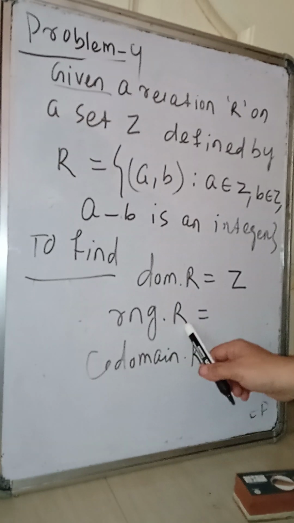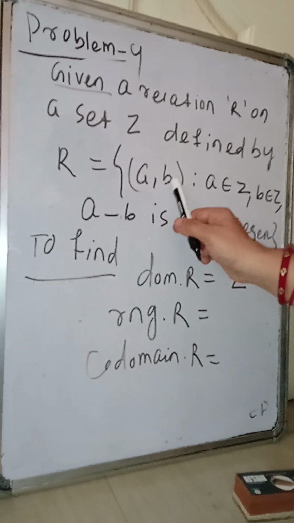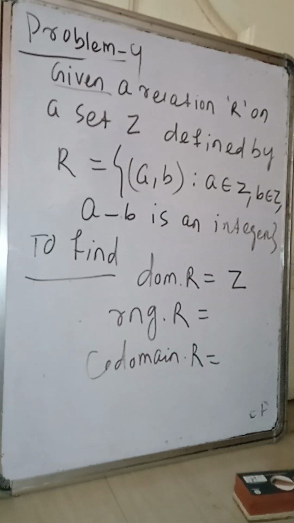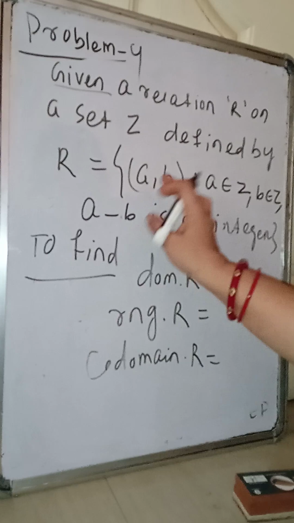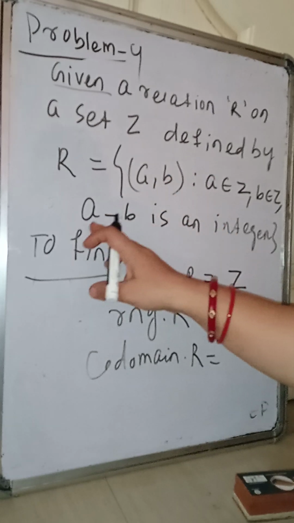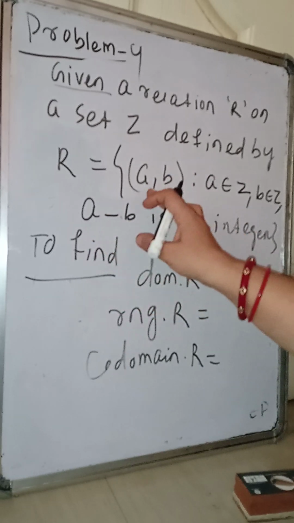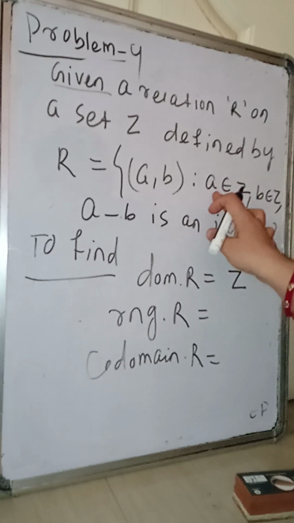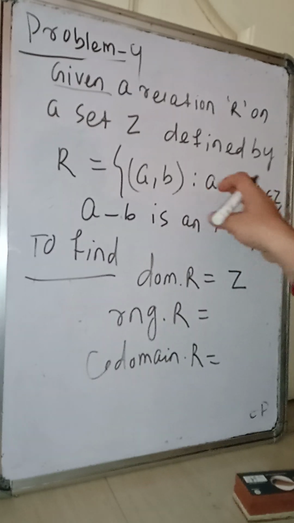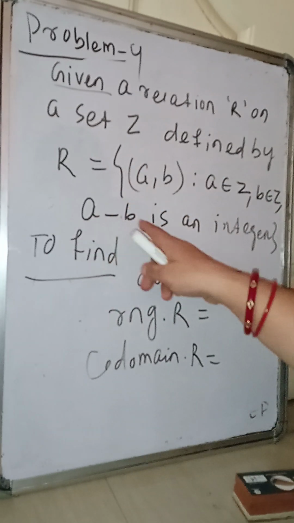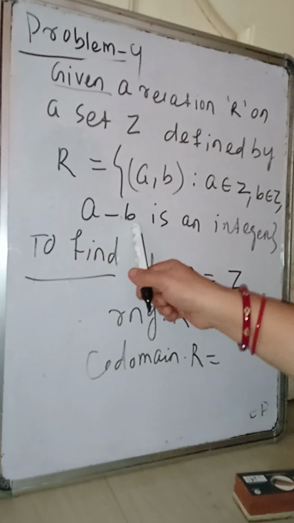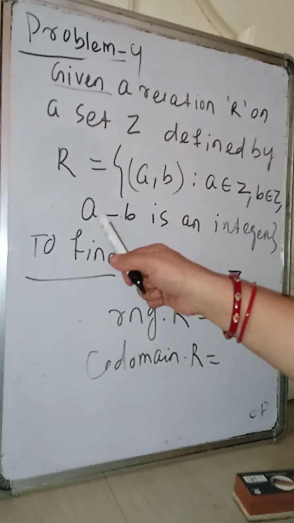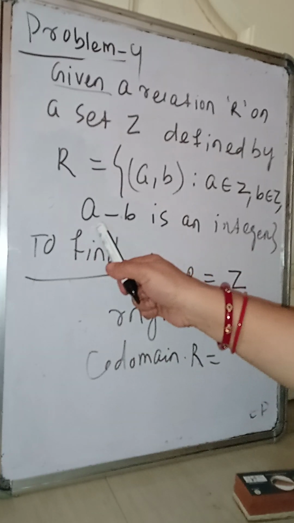Now the range of the relation means the second element, that is B. This B belongs to Z, but how is it defined, what type of image can it be? It will be such that A minus B is an integer. If you take any elements A, B from the Z set, you can always find that the difference is an integer. It is either a positive integer, a negative integer, or 0. If A is equal to B, you get 0, which is an integer. If A is greater than B, you get a positive integer.